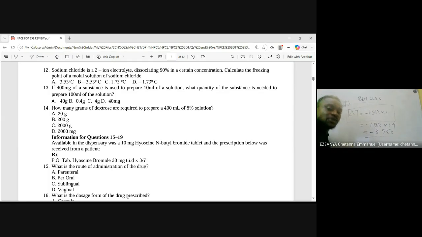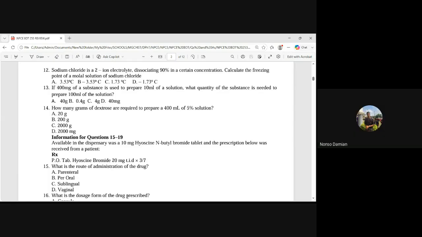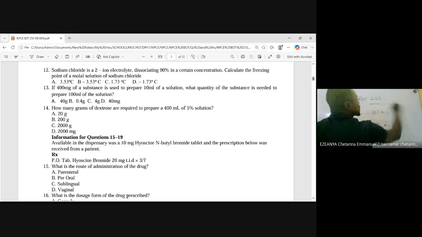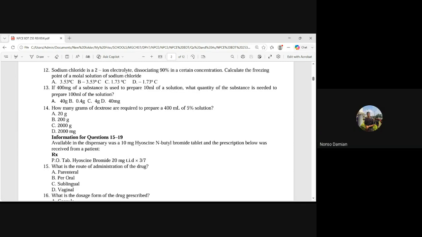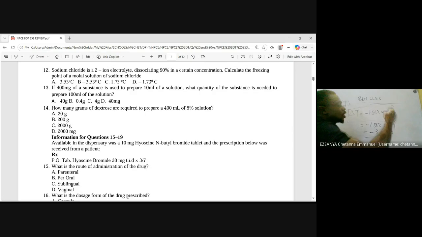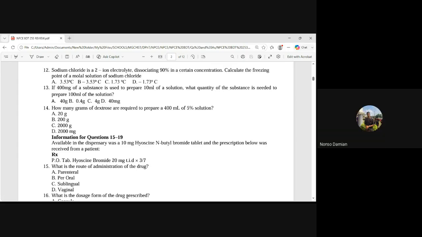If they ask you, initially before you add that sodium chloride into ordinary water, by how far will it depress it, that means you will depress it by 3.53, not by minus 3.53 degrees Celsius.